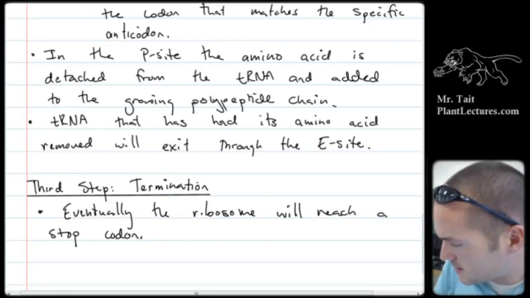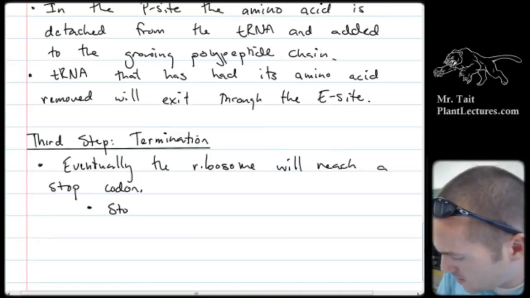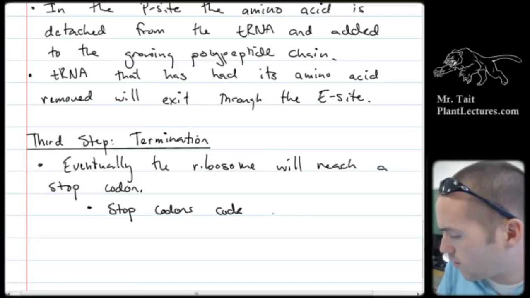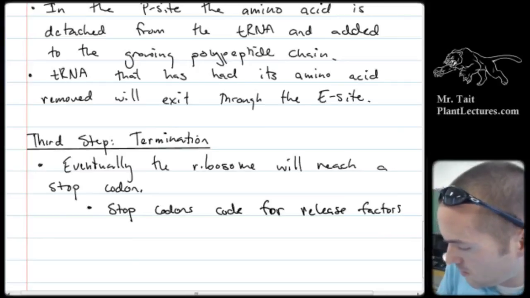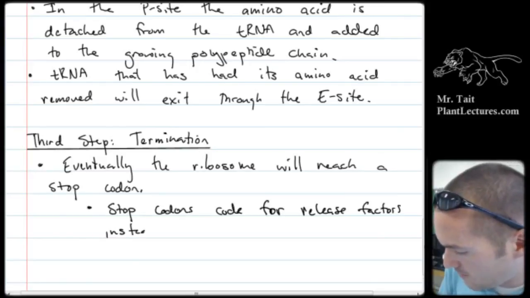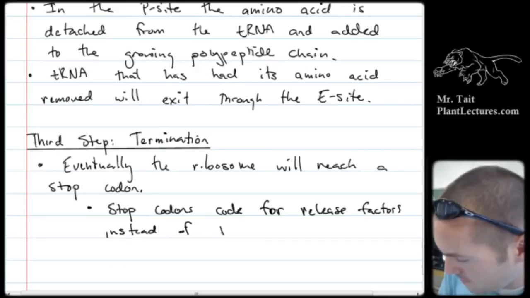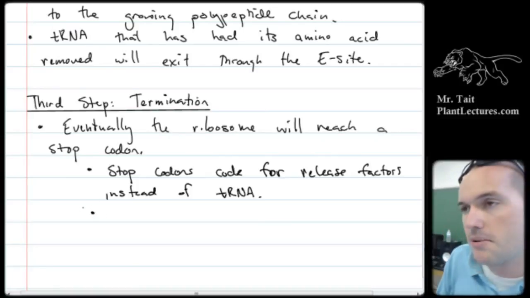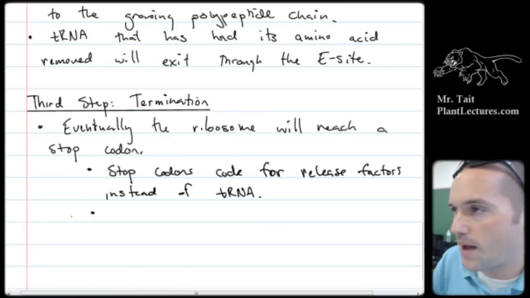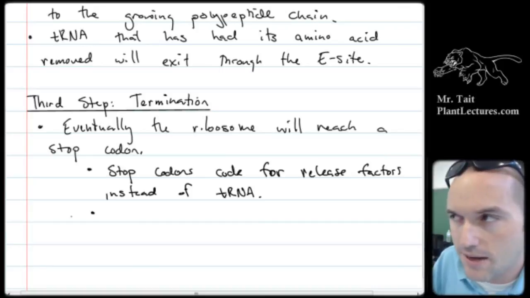And we can say that stop codons code for release factors instead of tRNA. So these things called release factors, they're protein complexes, and what they do is they remove the ribosome from the RNA and they release the polypeptide from the ribosome.